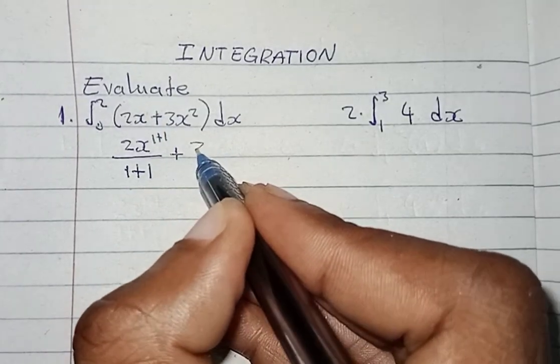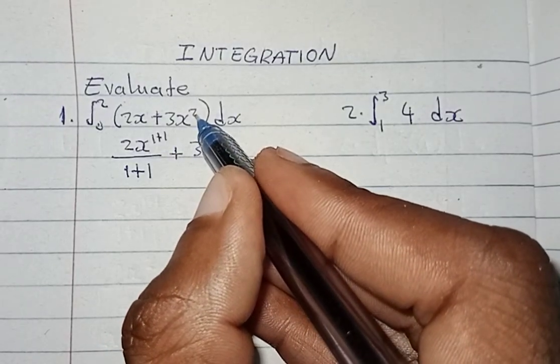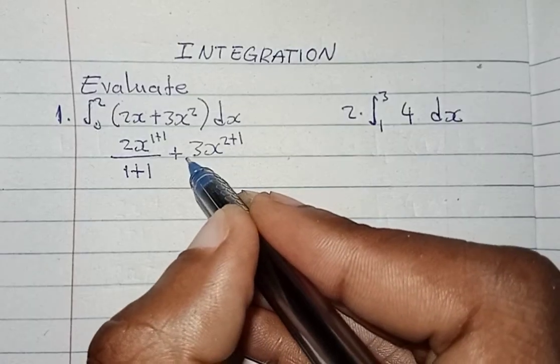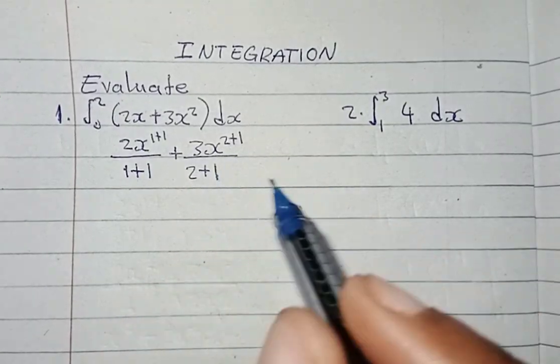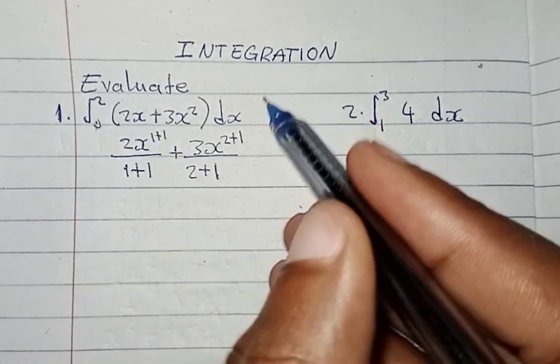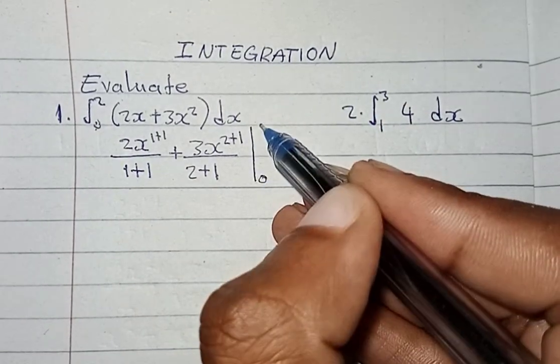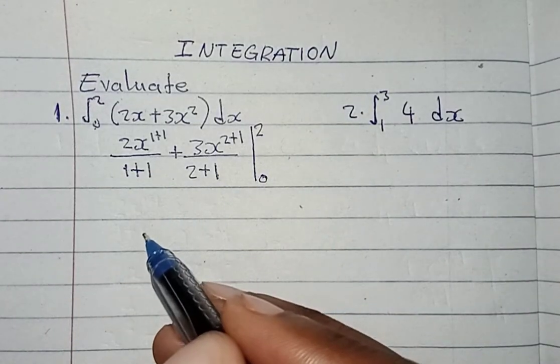We have 3x. Increasing this power by 1, we write 2 plus 1 over 2 plus 1. As for the limits 0 to 2, we can just put them here, the lower limit and the upper limit. Let us simplify.